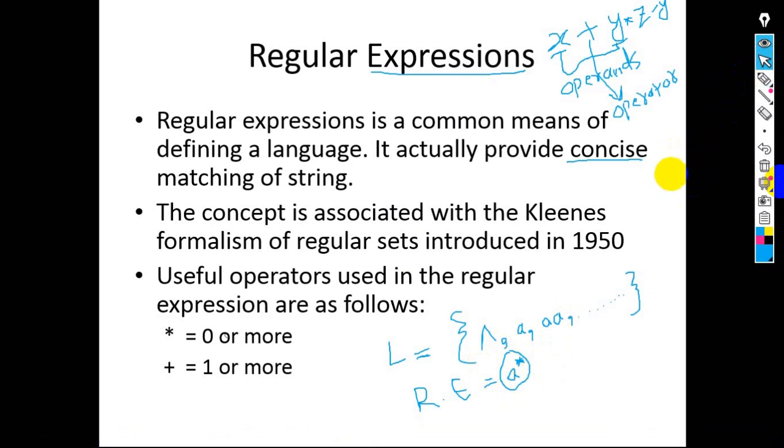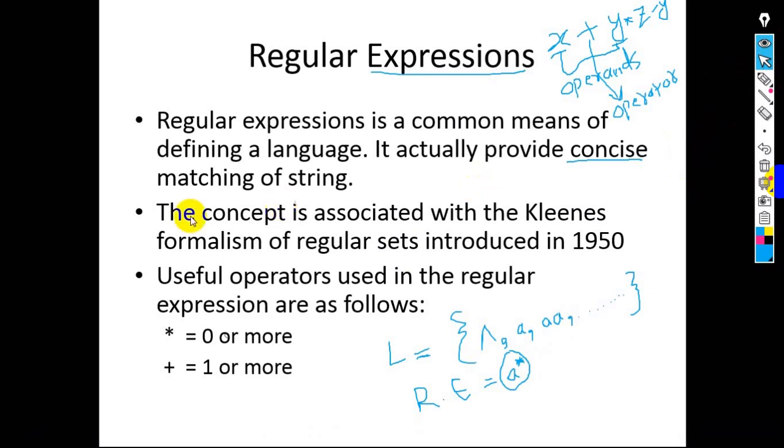Concise means a short representation of a language. So a regular expression is that definition of a language in which we define the language very concisely, in which we represent the strings of a language very concisely. So that is the regular expression.